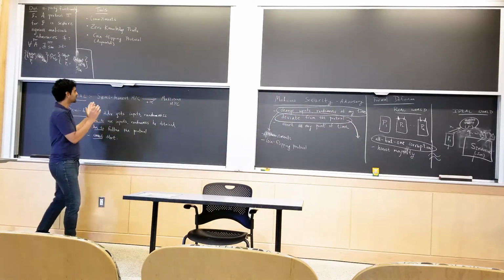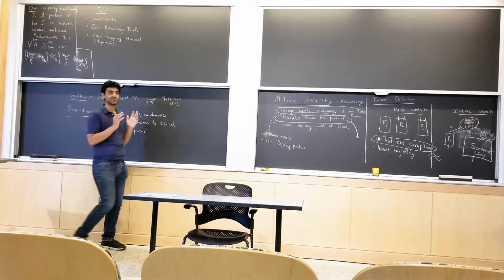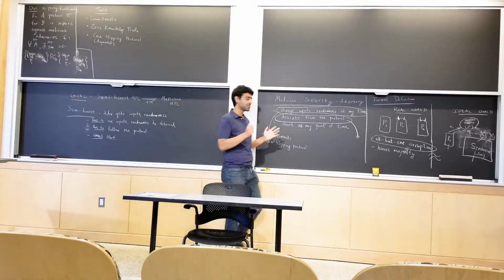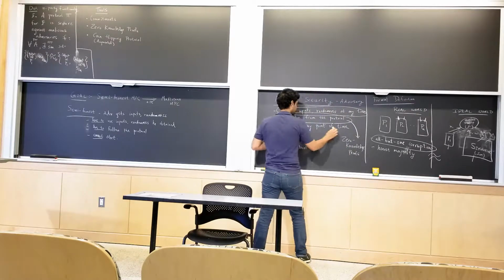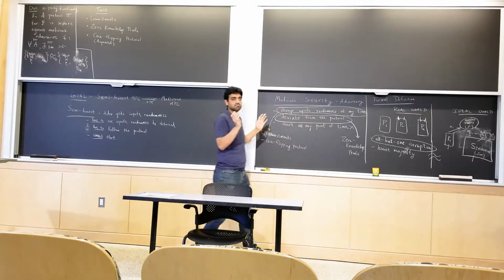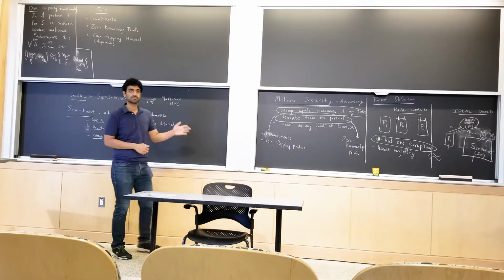There's only one thing remaining, so you have to use that, right? We're going to use zero knowledge proofs to ensure this part. As I said, this we're going to give up. There's nothing we can do about it.